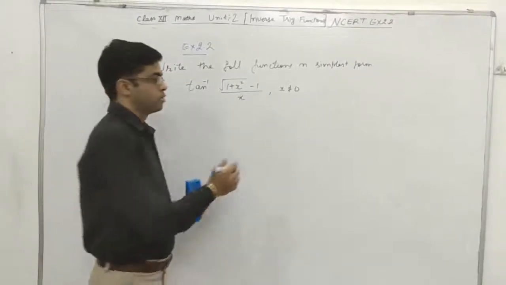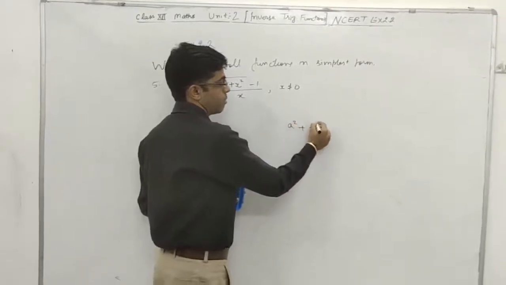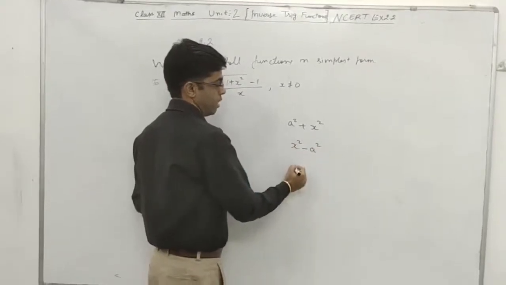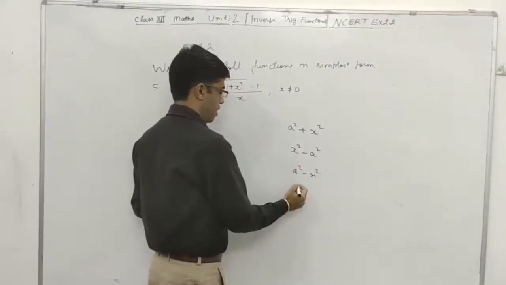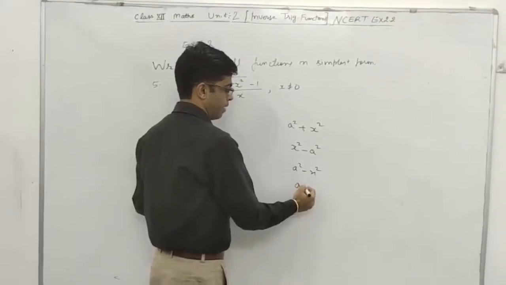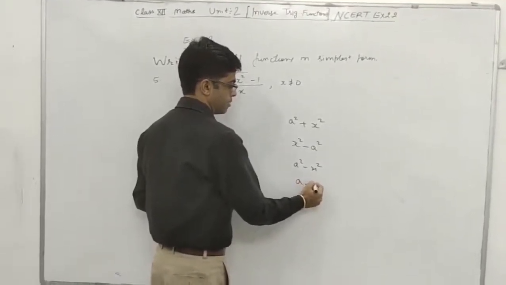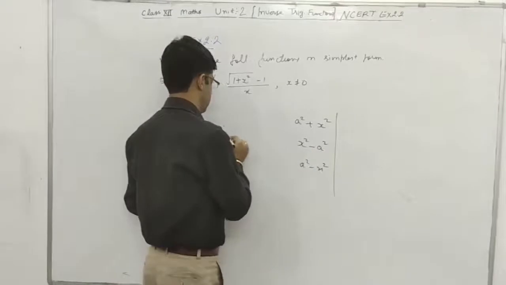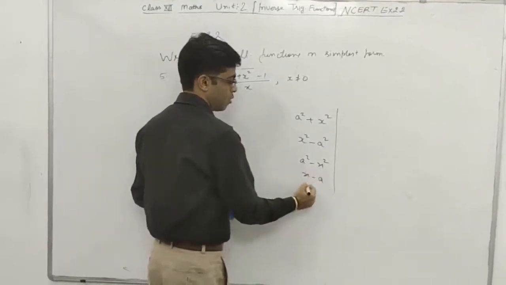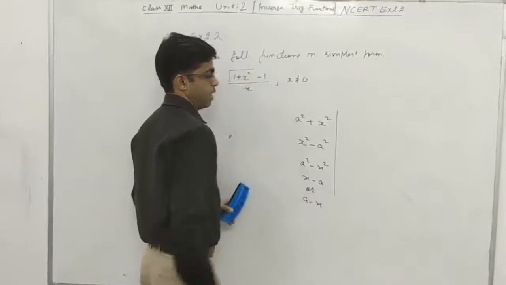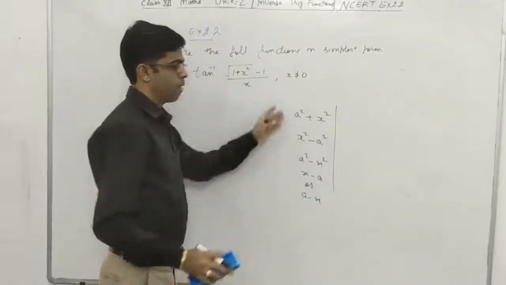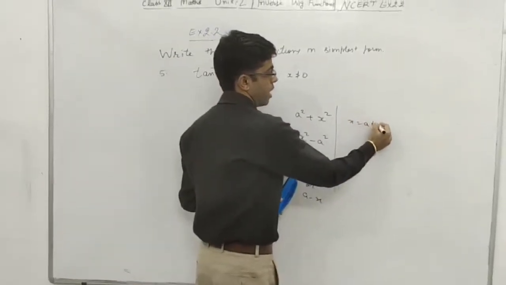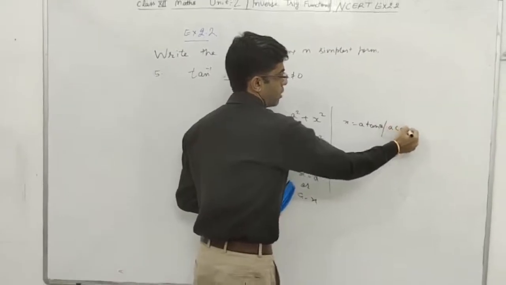the simplest form. So whenever there is a square plus x square, whenever there is x square minus a square, a square minus x square, x minus a, or you can say a minus x, in these types of problems we generally substitute x equals a tan theta or a cot theta.